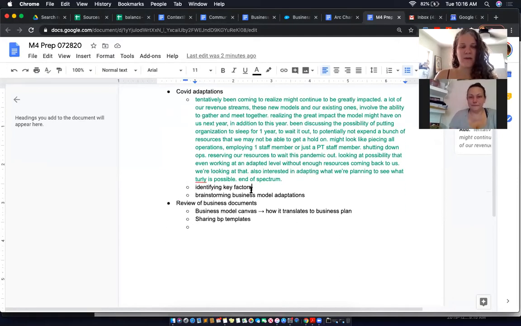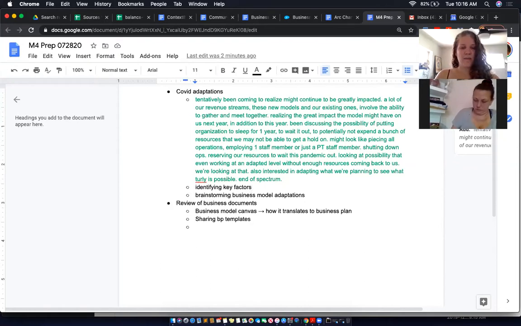The way I wanted to begin this conversation was to first identify the key factors in any COVID adaptation, at the most general pattern level: what has to happen to accommodate the restrictions around COVID-19. And then from there, brainstorm specific business model adaptations and specific business activities.